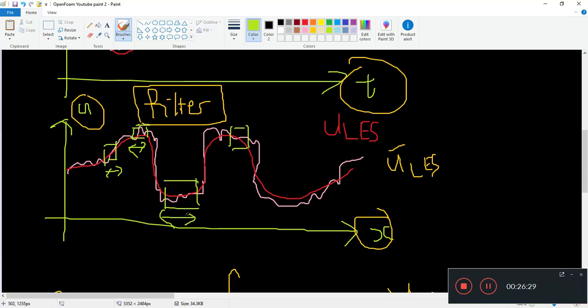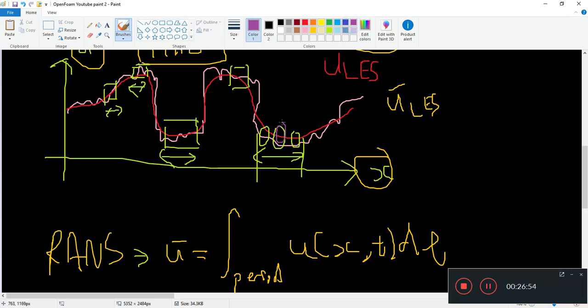And instead of using a simple average, I can say that the velocities here I want to give more weight compared to the velocities here, which does make sense because it's supposed to represent a local velocity. So what do I mean?